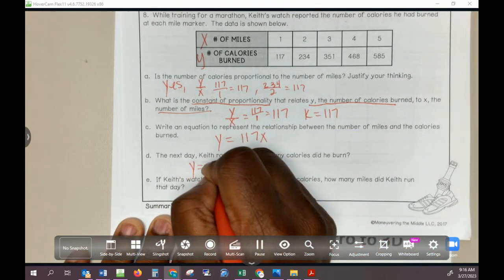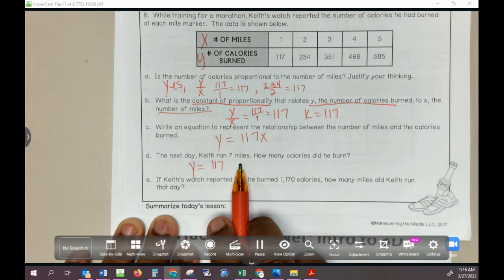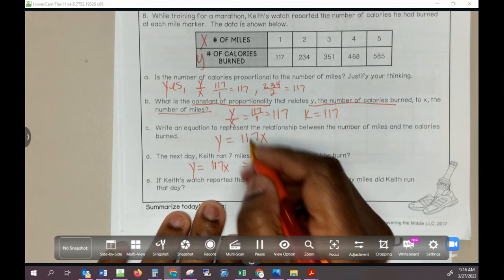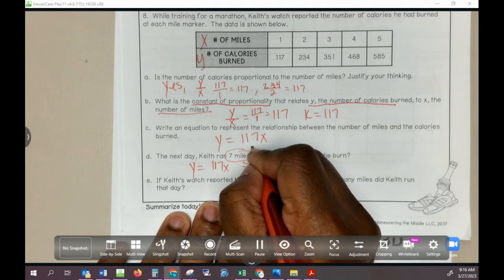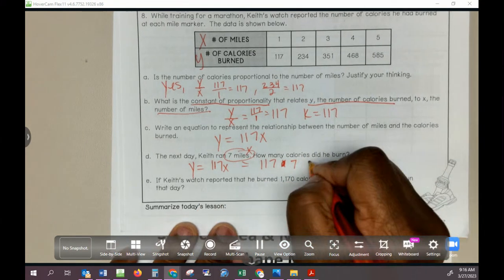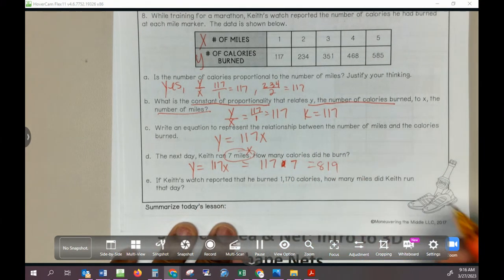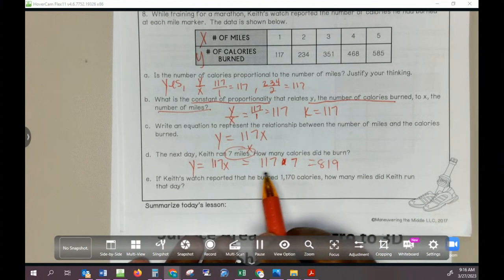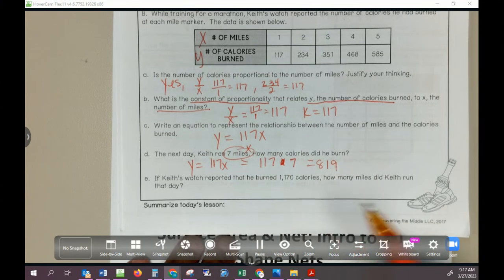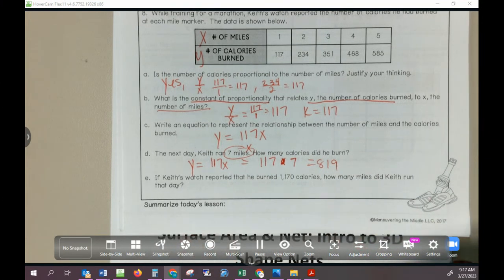So we can say y equals 117 times x, and if I plug this 7 miles in for x, 117 times 7 miles, I still would get 819. That's how I can also get the same answer. But I love the way you thought about that. Very outside the box. That's what I love about math. There's more than one way to do it.